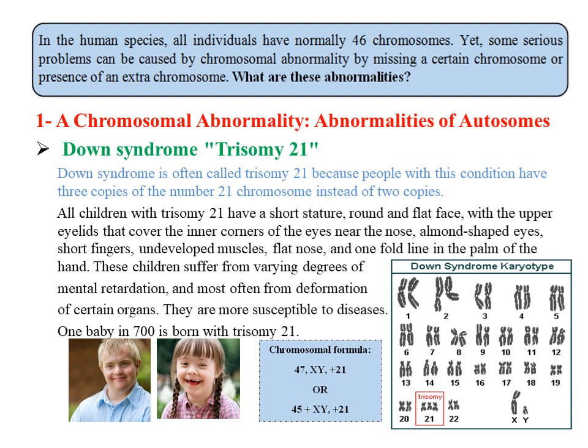It's not 46 anymore, it's 47, XY due to the presence of two non-identical sex chromosomes, X and Y, plus 21 due to the presence of an extra chromosome, or three copies of chromosome 21 instead of two. So the formula is as follows: 47, XY, plus 21.